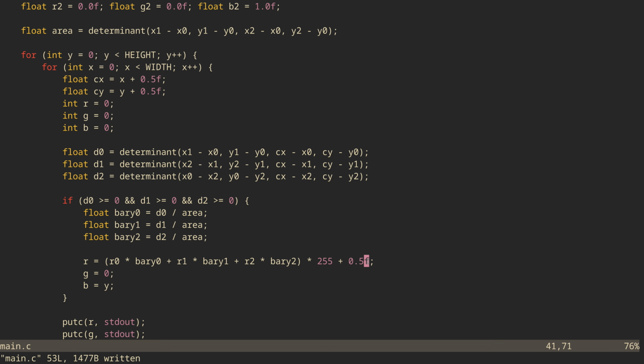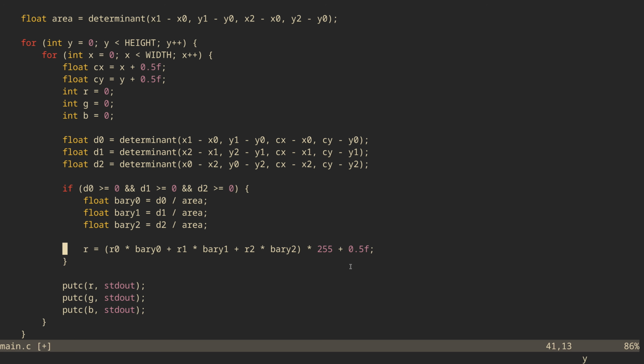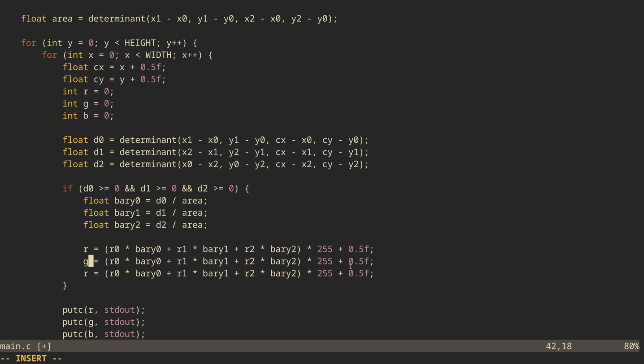And we add 1/2 to round to the nearest integer once this gets truncated. And so we'll do the same for green and blue. So let's see what that does.